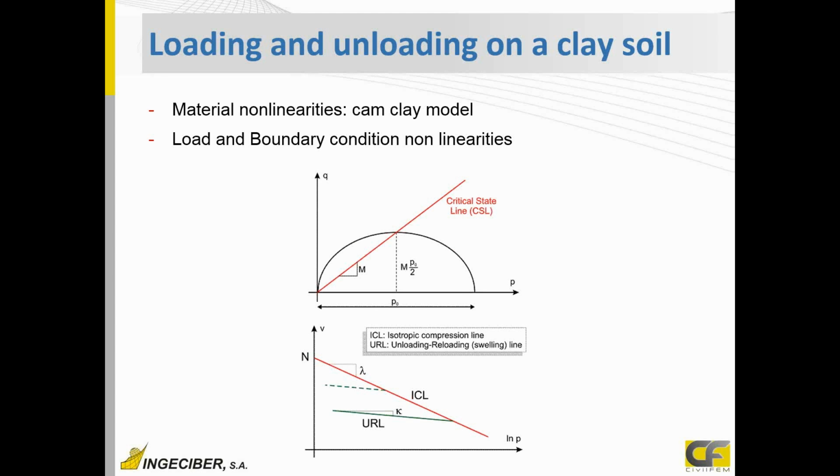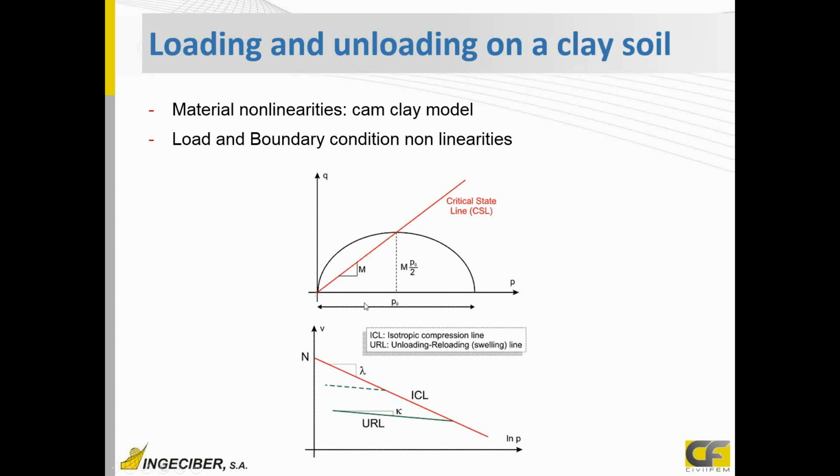The example we've solved is the loading and unloading, different cycles of loading and unloading of a clay soil. For that reason, I'm using a CAM clay model. The CAM clay model is characterized by these two graphs. The first one describes the yielding surface that we will have.